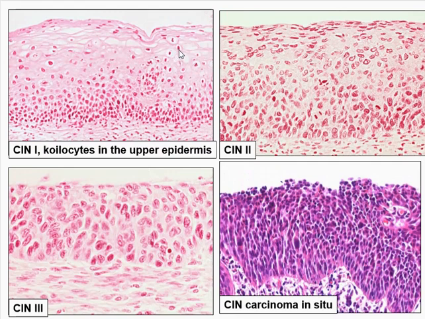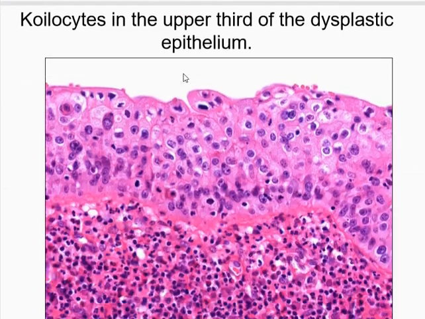These are sometimes binucleated cells with a white halo around them, and these koilocytes are very suggestive of a human papillomaviral origin of the lesion.